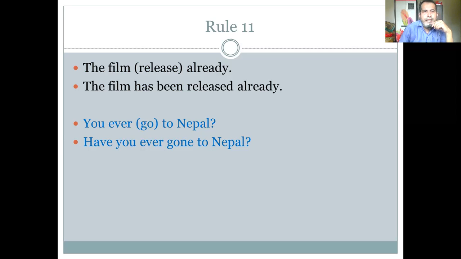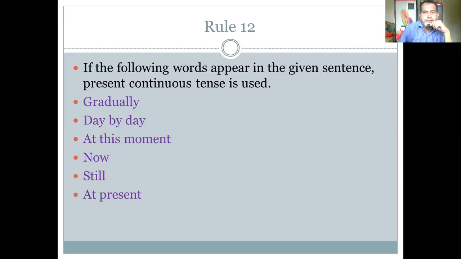It is like this: Have you ever gone to Nepal? This is an interrogative sentence. So in that case, we will solve it according to the rule and use the present perfect here. Have you ever? We'll keep the word ever, and after ever we will use gone. So we can solve these sentences using the present perfect.